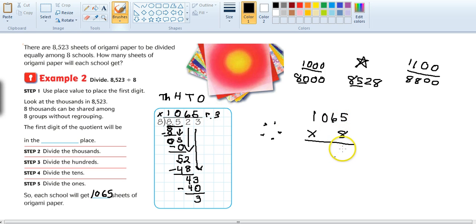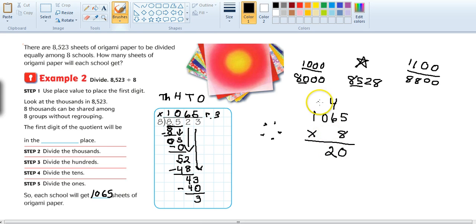So 8 times 5 is 40. We place the 0 there and we regroup the 4 tens. 8 times 6 is 48, plus 4 is 52.